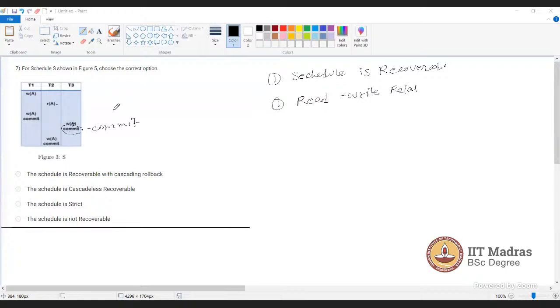What is your question exactly? Sir, how is it cascading rollback recoverable? I wrote the answer as cascadeless recoverable.